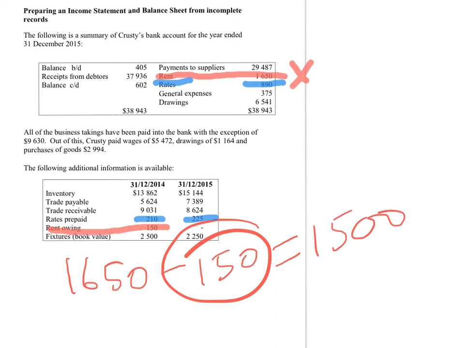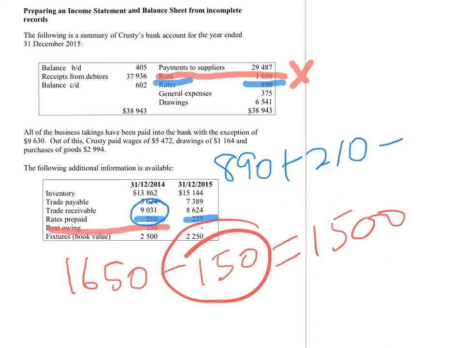So the rates of 890, what we'll do then is we will add the 210. We'll add this 210 because it was paid last year for this year, so it belongs to this year.